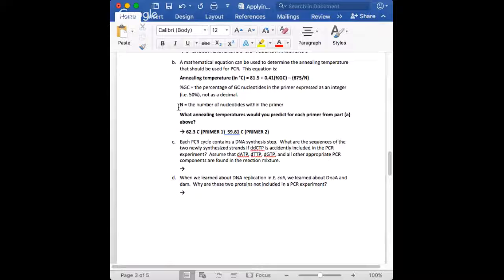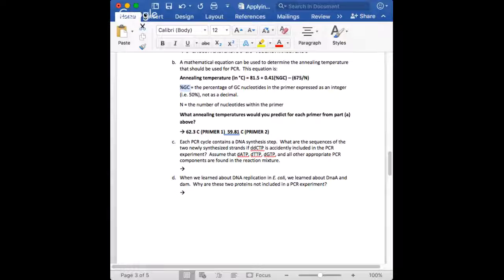N is the number of nucleotides within the primer. The GC content is the percentage of GC nucleotides in the primer expressed as an integer, as in a percentage, not as the decimal, before you multiply by 100.